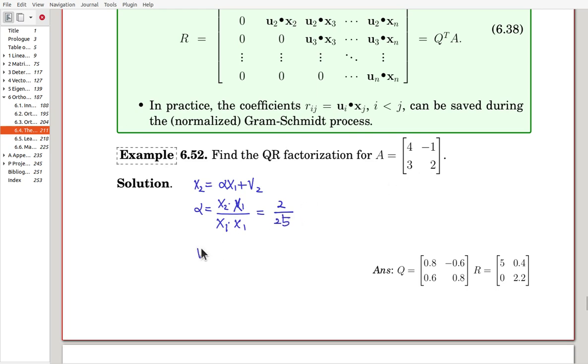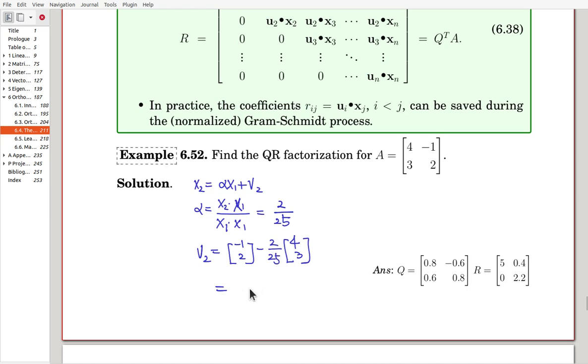So here v2 is the same as x2, which is (-1, 2), minus 2 over 25 times x1, that is (4, 3). You can see this one as 8 over 100, right?